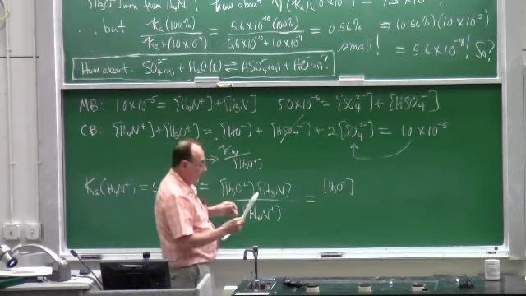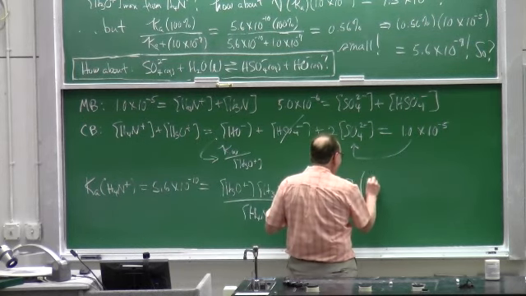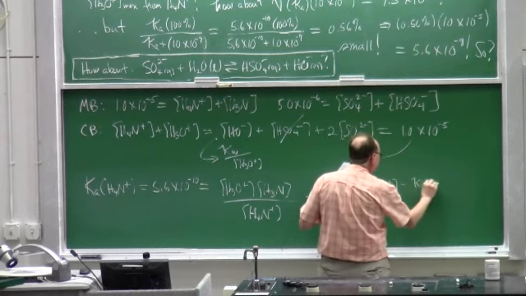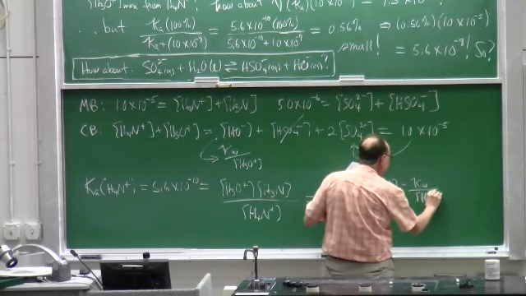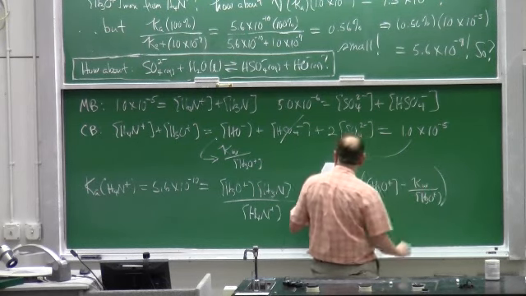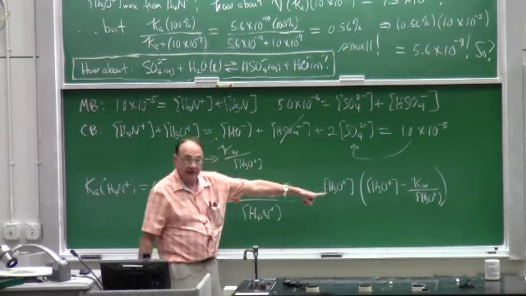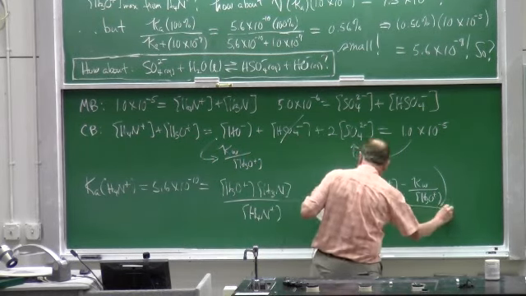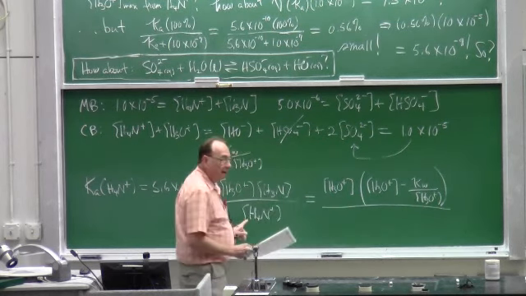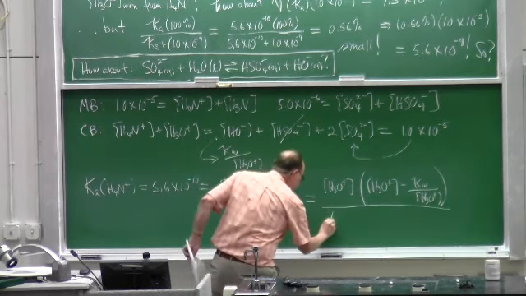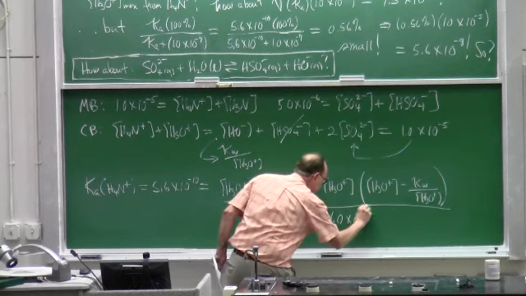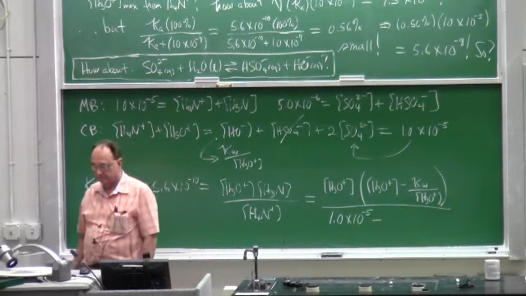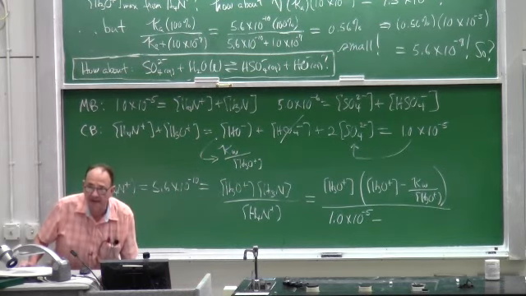Hydronium ion stays in. Ammonia becomes this. In the denominator, we'll have (1.0 times 10 to the minus 5), in terms of language we have used many times previously.